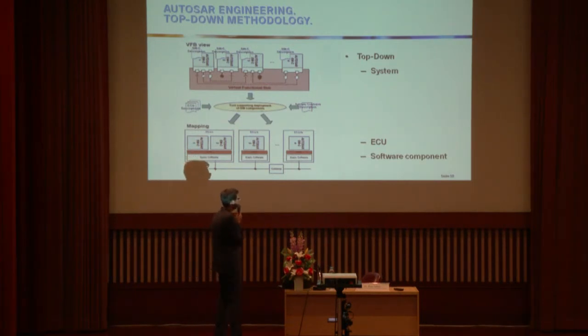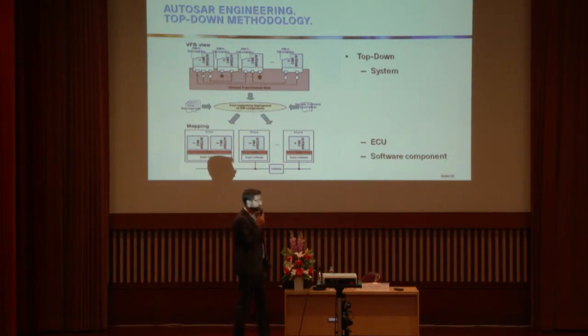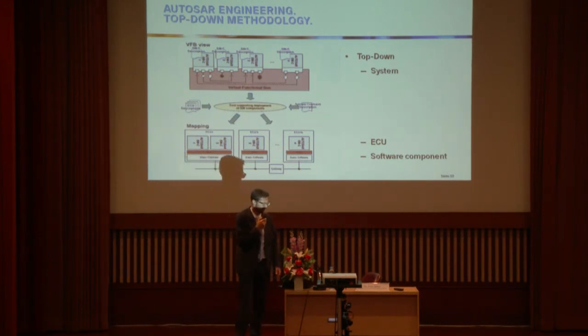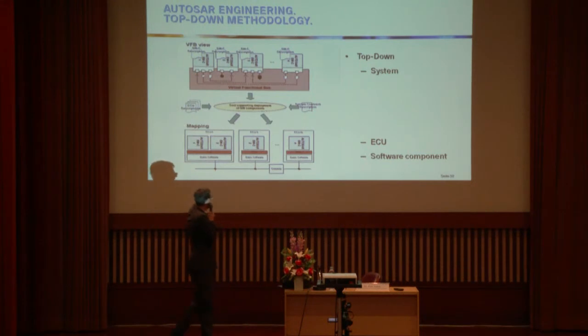In the next level, when you map your software components to specific control units, you get the derived communication and automatically get the runtime environment I mentioned, which is shown here in red. This is responsible for the communication, and it is generated automatically out of the information from the virtual function bus.